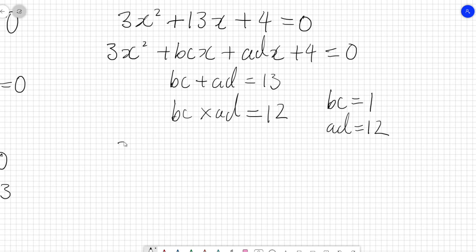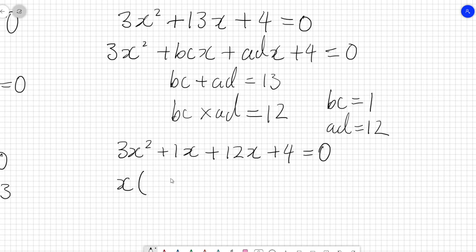So what can we do? Well, we have 3x squared plus 1 plus 12x plus 4 equals 0. Now we can factorize everything again. What's the common factor here?